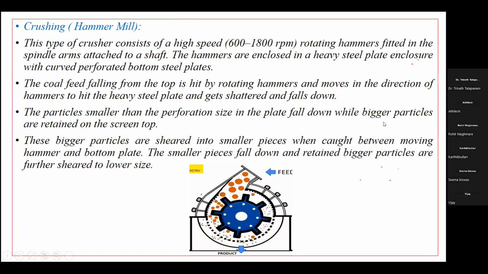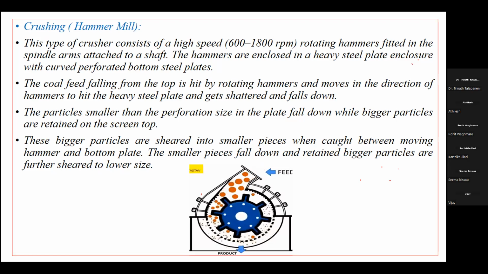This is how the crushing basically takes place in the hammer mill. This consists of rotating hammers fitted to the spindle. You can see the rotating hammers in this particular picture. And we feed from the top, and whatever coal we are feeding will be hit by the rotating hammers, and it is collected at the bottom.